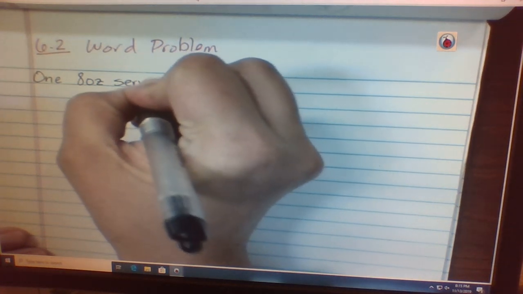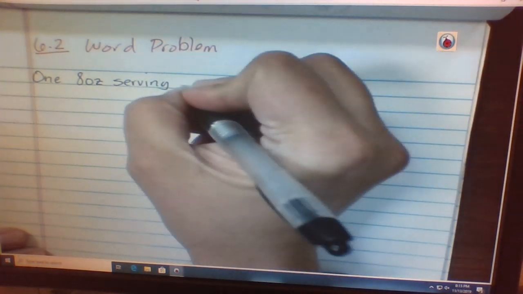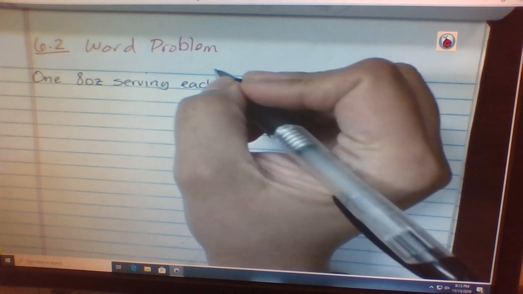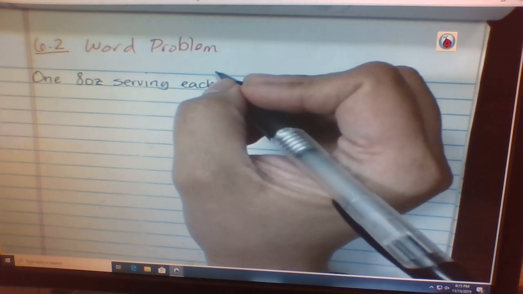1 8-ounce serving each, and it's like 1, 2, 3, 4, 5, 6, 7, 8 lines, guys.